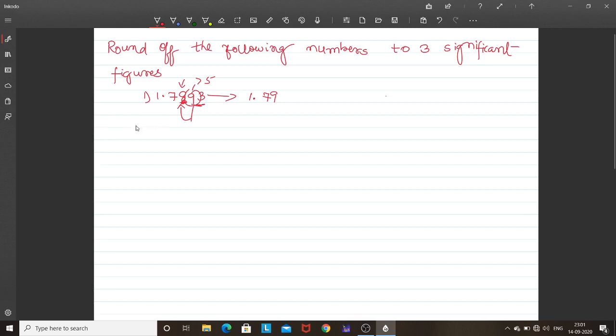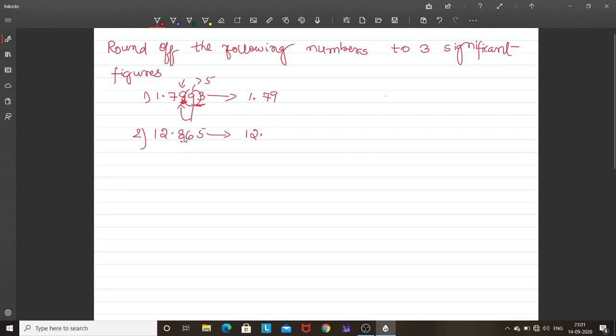So you will see the second question, that is 12.865. You have to round off the number to 3 digits. Let me write the first 2 digits, then look into the third digit.